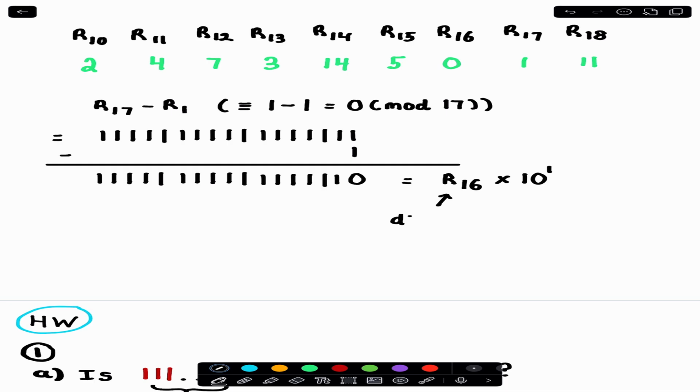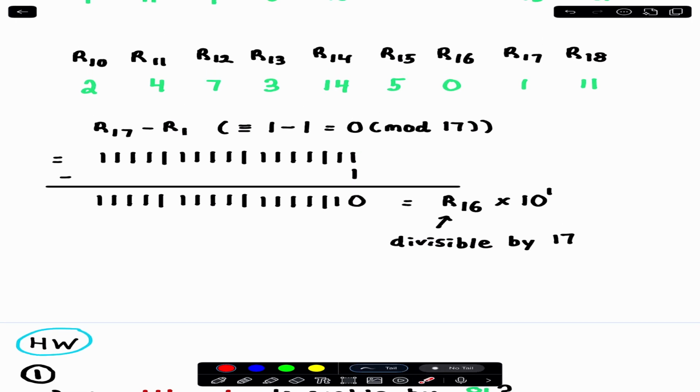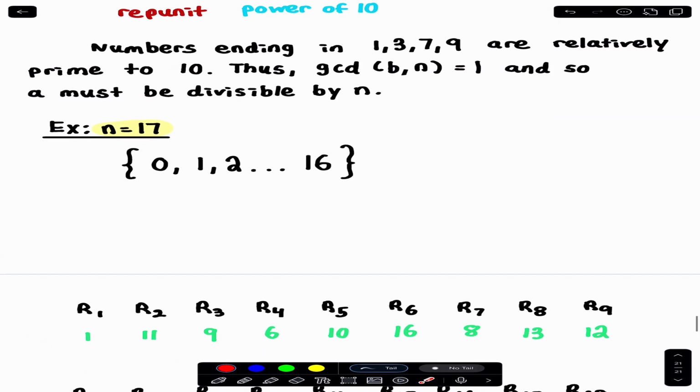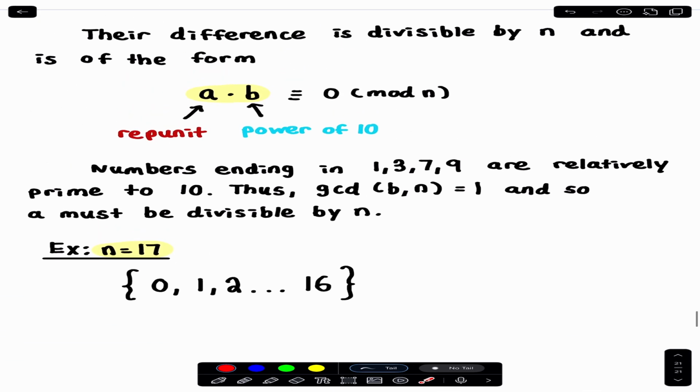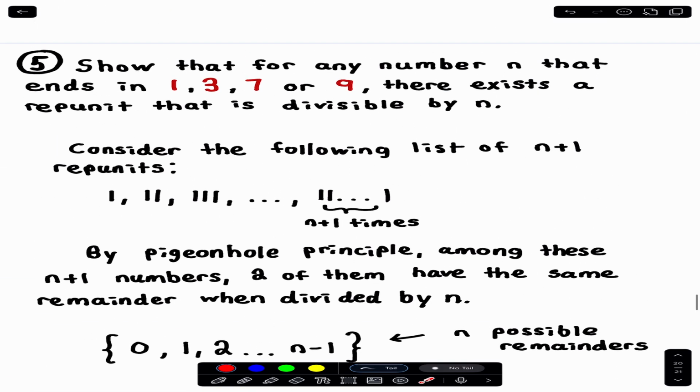So indeed, this is divisible by 17. So we have found, in the case of n equals 17, indeed, there does exist a rep unit divisible by 17, and it's called R16.